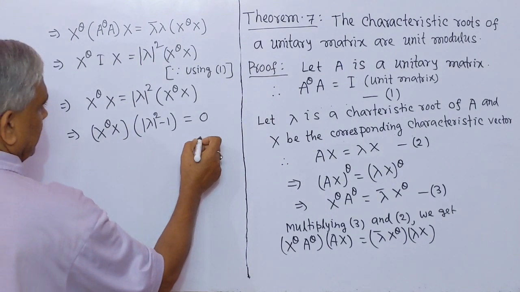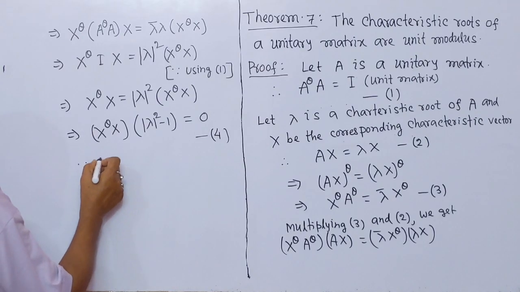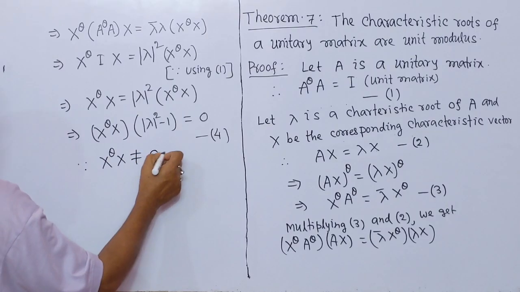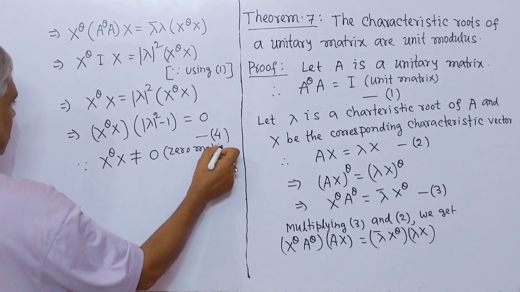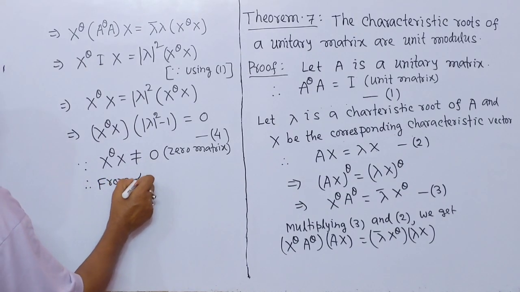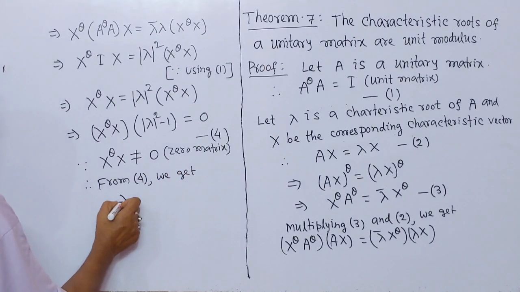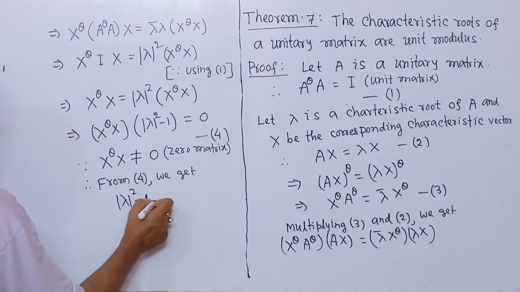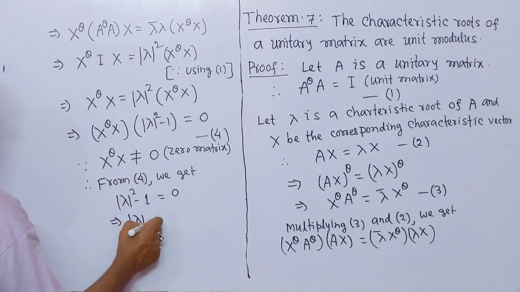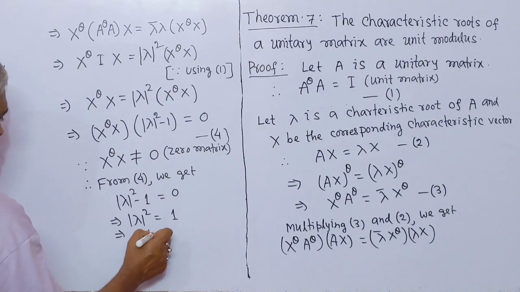This is number 4. Since x^θ x is not equal to the zero matrix, from 4 we get that modulus of lambda squared minus 1 = 0, a real number, which implies that modulus of lambda squared = 1, which implies that modulus of lambda = 1.